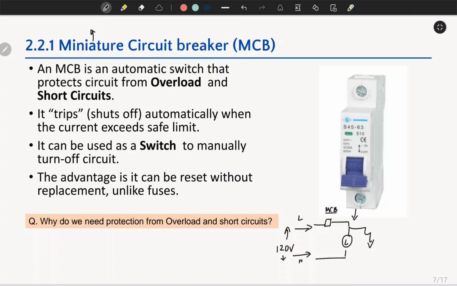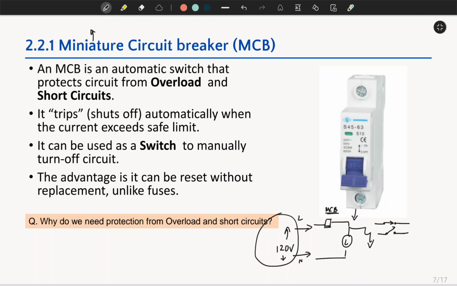So this MCB will detect this and trip the circuit. Before it will be closed, after breaking the circuit it will open. So it is basically safeguarding the other part of my circuit, the healthy part of it.